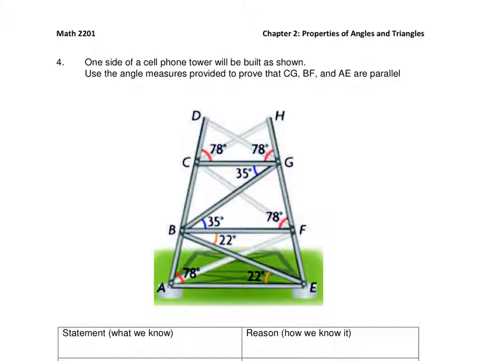Right, the next example is a diagram of a cell phone tower, which is made up of a lot of straight lines that we're going to prove are parallel. So it's asking you to use the angle measures provided to prove that line CG, which is this one, and line BF, which is this one, and line AE, which is this one, are all parallel.